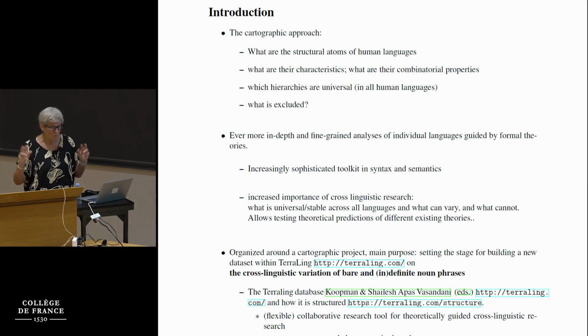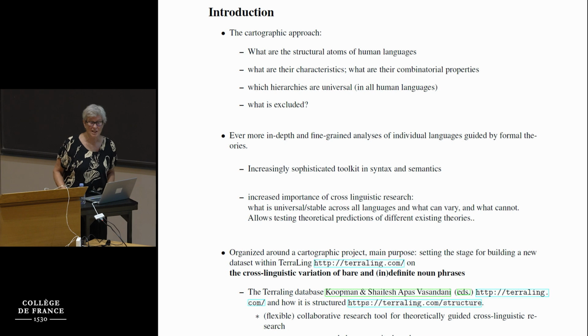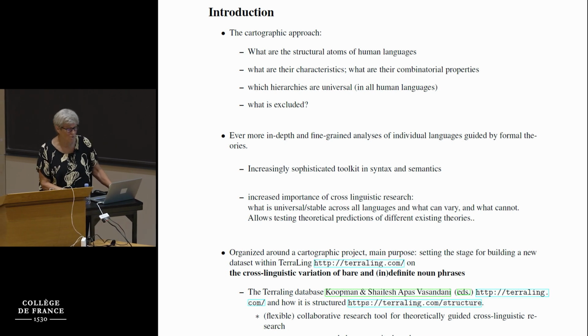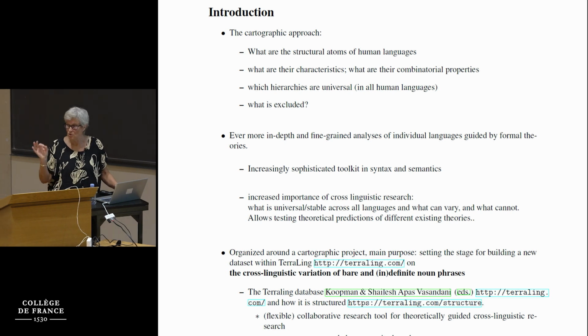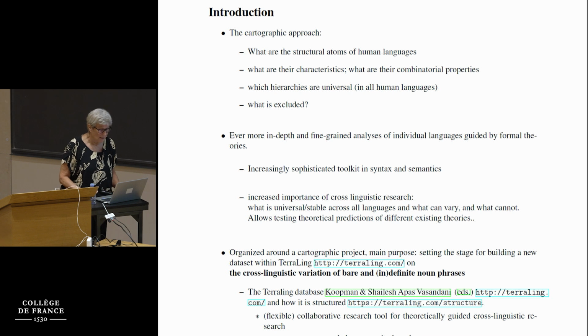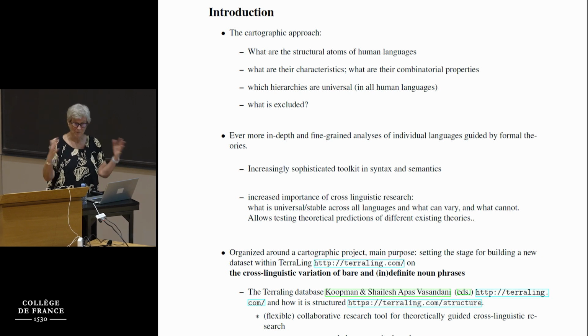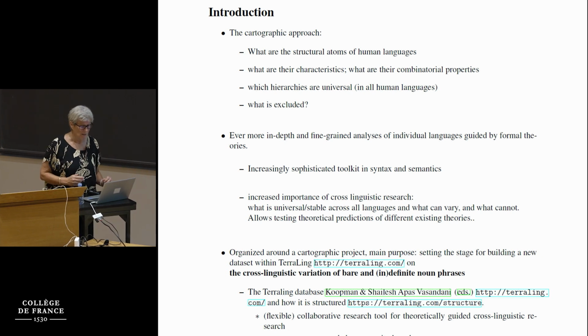You can, at the most general level, see this project, or the approach, as trying to figure out what the structural atoms, the smallest structural atoms of human languages are. What are their characteristics? What are their combinatorial properties? So we saw that elements are being put together by merge.